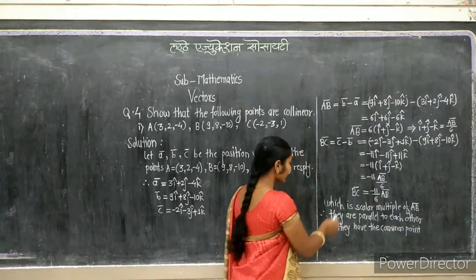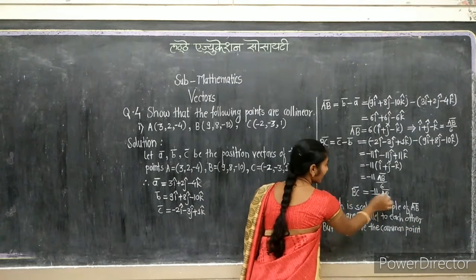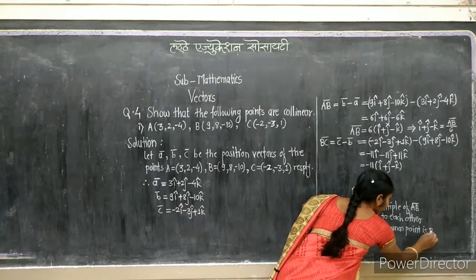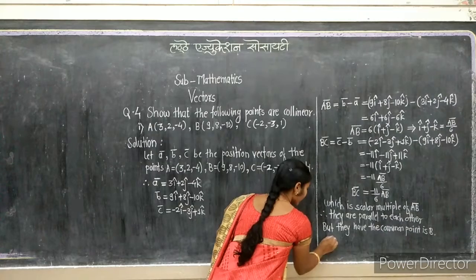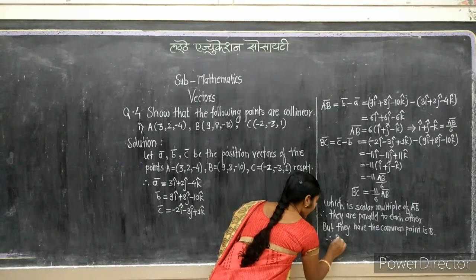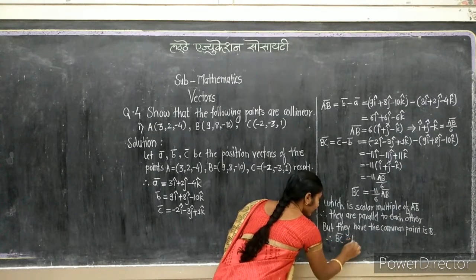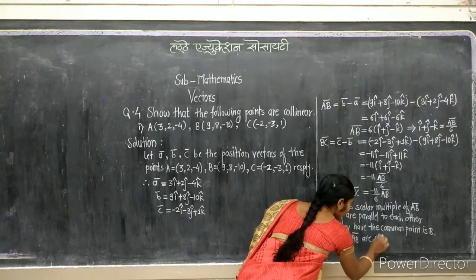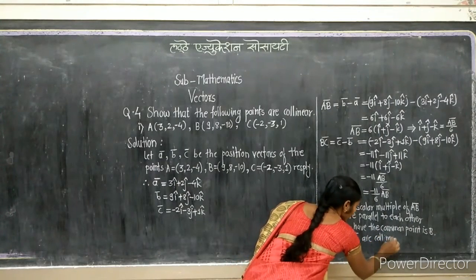Which point is common? See here, in BC bar and AB bar, B is the common point. Therefore, BC bar and AB bar are collinear vectors.